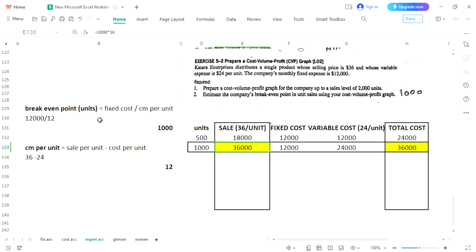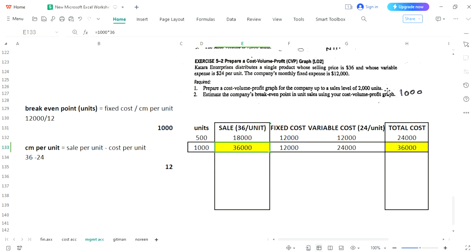We have already calculated it through the formula, but to follow our question we need to have a graph. For the graph you need to make these sorts of inputs, and we have now confirmed that when the number of units is 1000, sale price and cost would be equalized. So it has been proved that 1000 is the break even number of units.